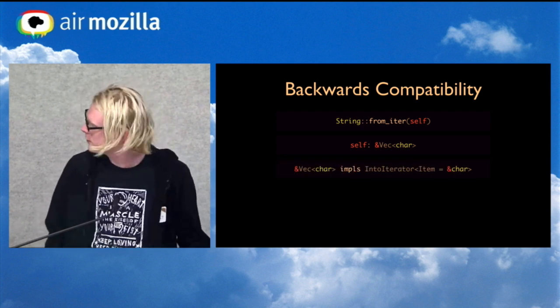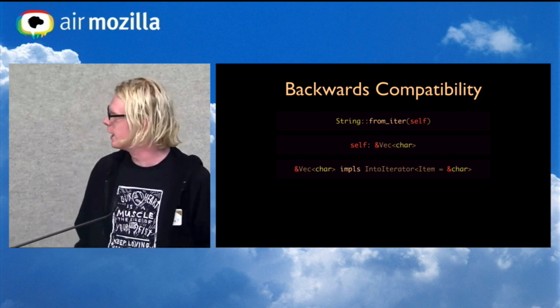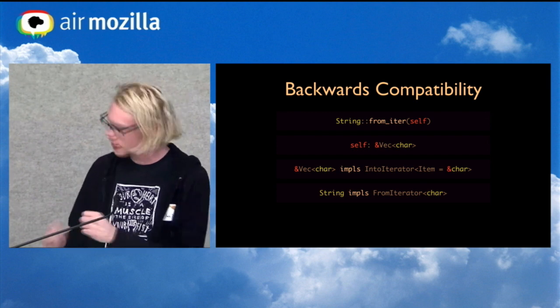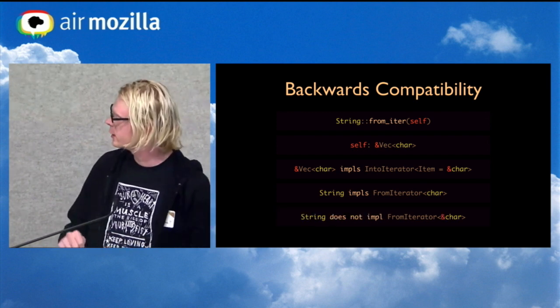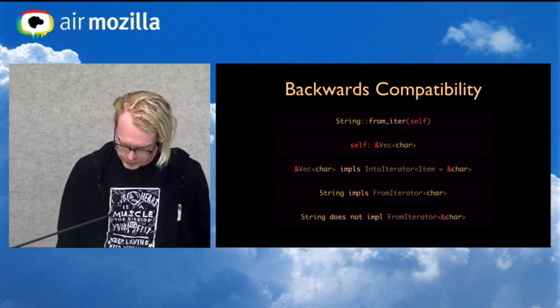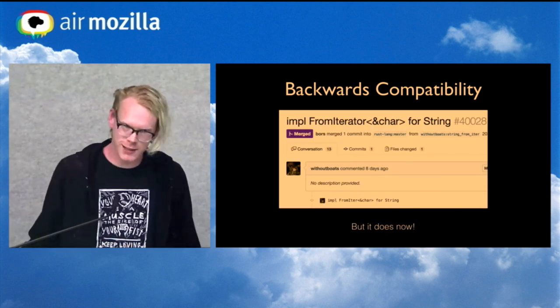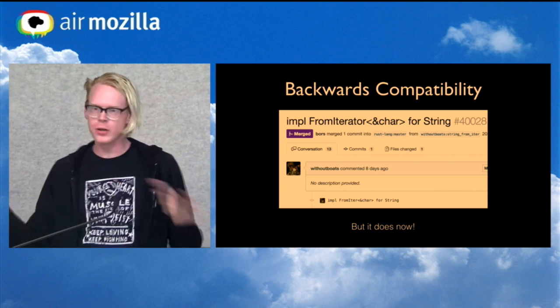A reference to a vector of chars implements IntoIterator of references to chars. String implemented FromIterator of char, but not FromIterator of reference to char. But now it does.